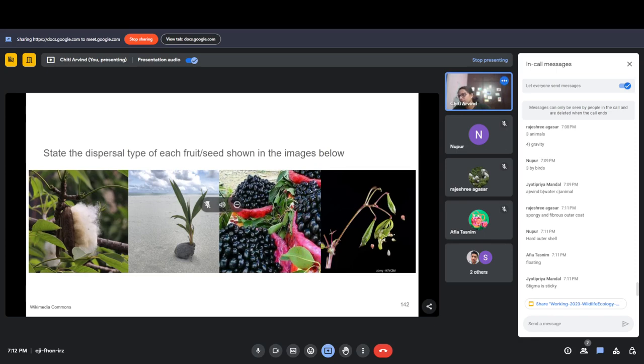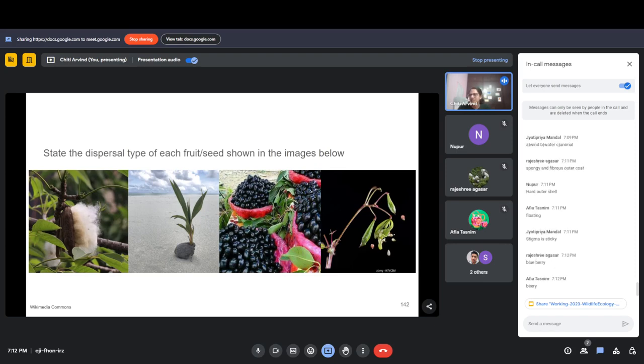And can someone identify the fruit that is shown in image 3? Blueberry.